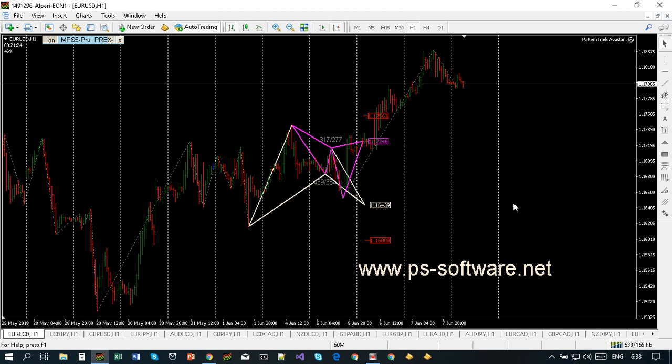I have several reasons for automatic scanning of the patterns. Reason number 1 is that pattern identification is always subjective, so it depends on your emotional state and your mindset. Sometimes you look for larger patterns, sometimes for smaller patterns, sometimes you pay attention to minor swings, sometimes you don't, and it is very subjective.